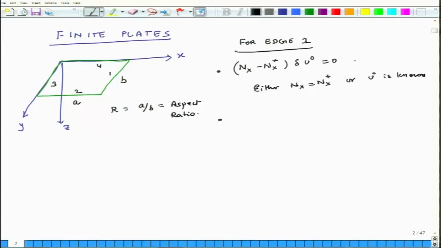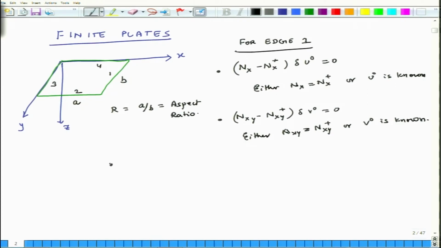From the second equilibrium equation we get the second boundary condition, and that is (nxy minus nxy plus) times delta v naught equals 0, which means either nxy equals a known nxy plus or v naught is known on the edge.